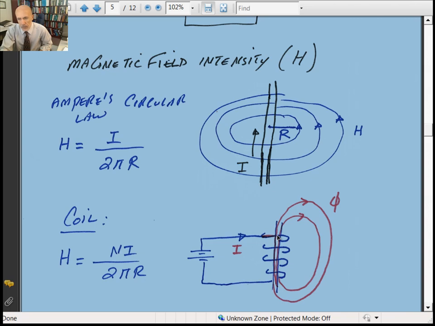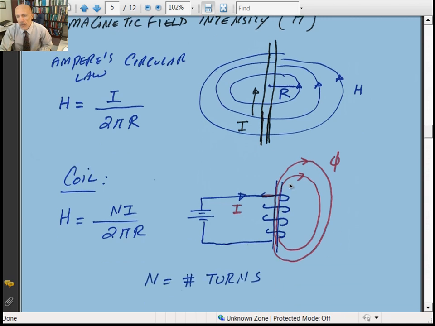So your fingers go into the screen, and your thumb gives you the direction of the magnetic flux. It's the exact opposite. If the current comes out and goes to the right, then the magnetic flux would be going upward.